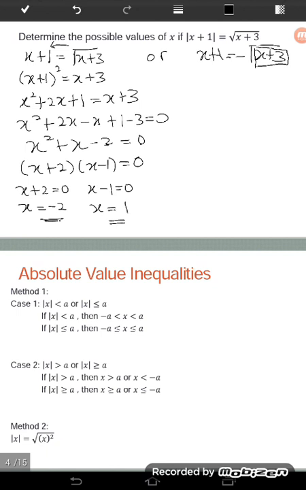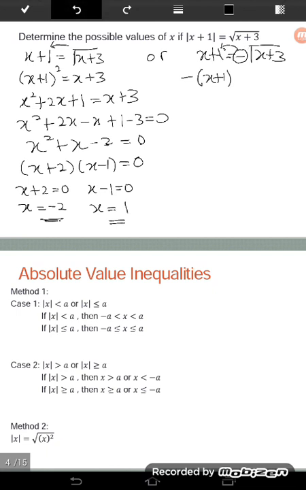Okay, so bermaksud kat sini, so you need to move this negative first. Okay, so you will have negative x plus 1, actually here times.